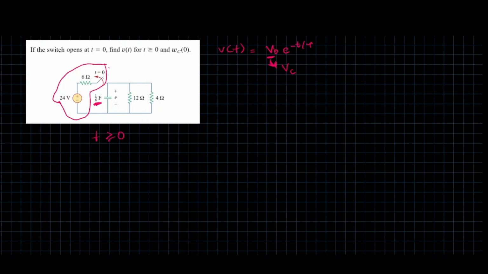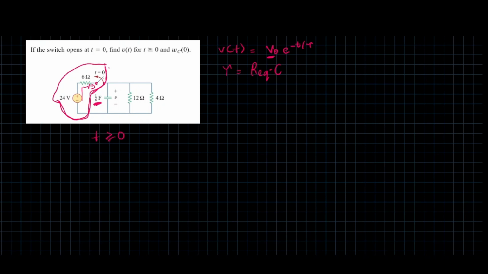So it's correct. The first one I'd like to find is tau. Tau is equal to Req times C. Req is always found after the switch has been opened. You don't find it before. When you open this switch, this entire circuit becomes useless, because if current comes here, it just hangs at this point. It's not able to go to this point.